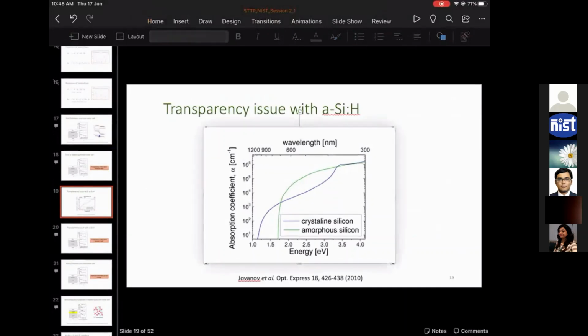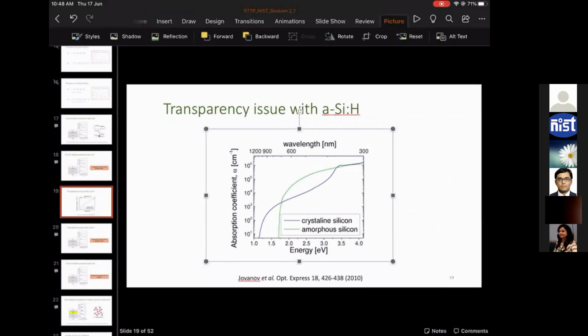As you can see here, it is from 300 to 1100 nanometer for crystalline silicon. Even if the absorption coefficient is less, you have a certain thickness, right? So because of the thickness, there is a probability that these high wavelength photons will also get absorbed inside your crystalline silicon.